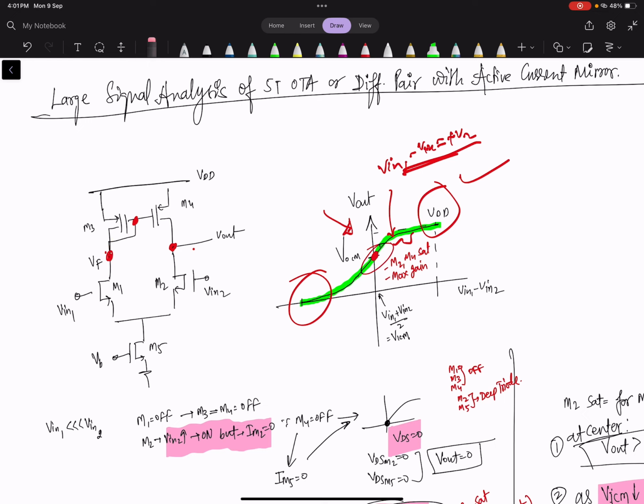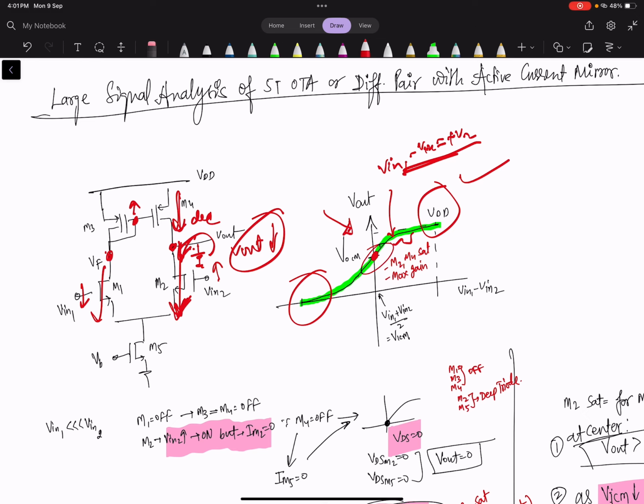Now when this is increased and this is slightly decreased, the current will decrease here, this voltage will increase, this current will decrease, this current will decrease, and this current will increase. So what will happen? The current through this cap will go down, so the voltage Vout will go down.